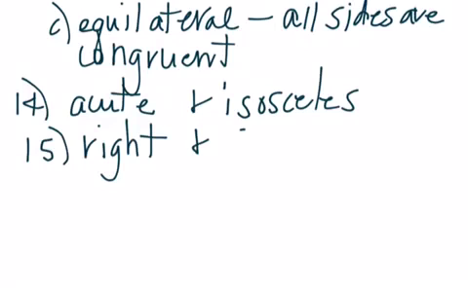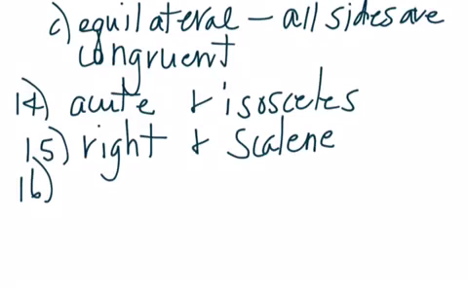And scalene, because no two sides have the same length. 16 is obtuse because the angle is greater than 90. And it is also isosceles because two sides are congruent.